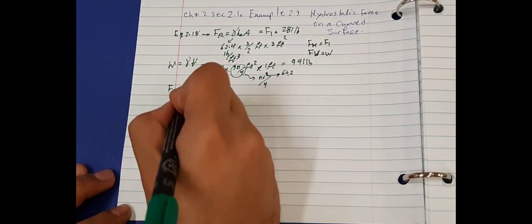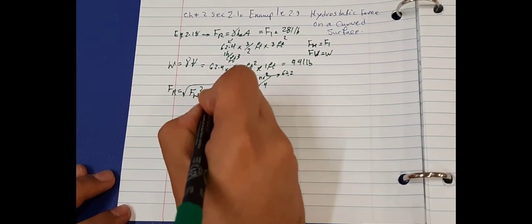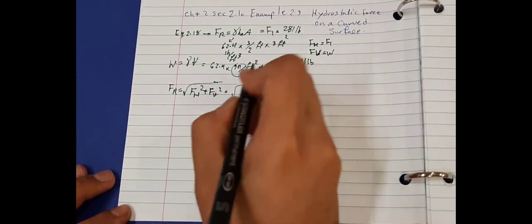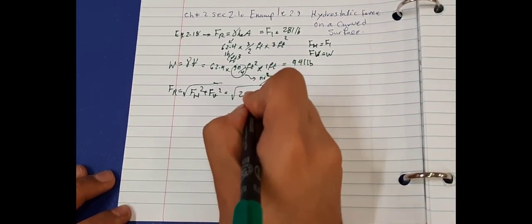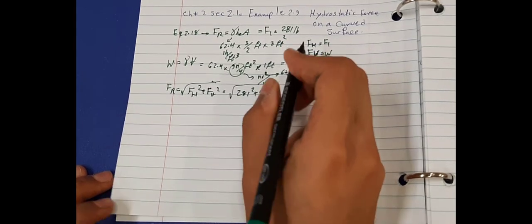For the resultant force, we have to get the square root of FH to the power 2 plus FV to the power 2, which means 281 to the power 2 plus 441 to the power 2.